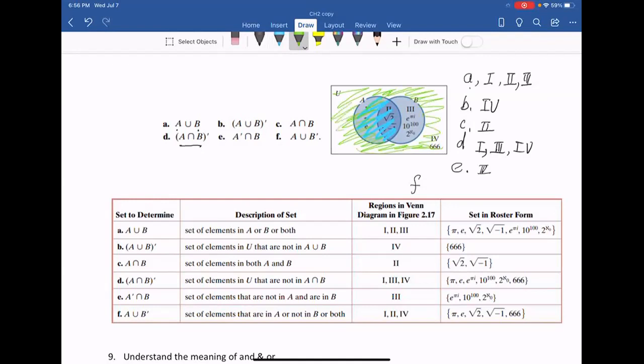So be careful when you draw your Venn diagram. I need to count everything because this is the union. That means everything is 1, 2, and 4, except the area 3. And you can also use the roster form to list all the elements in these regions. Okay, let's clean up and move on to the next part.